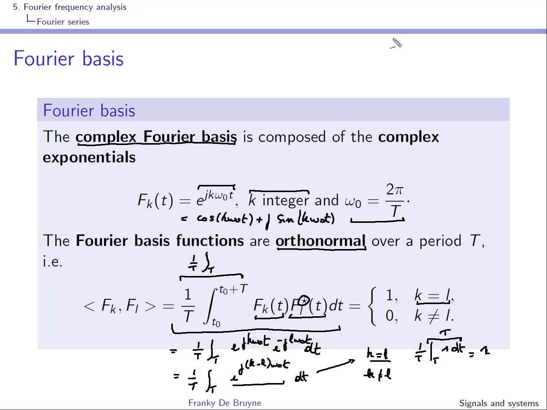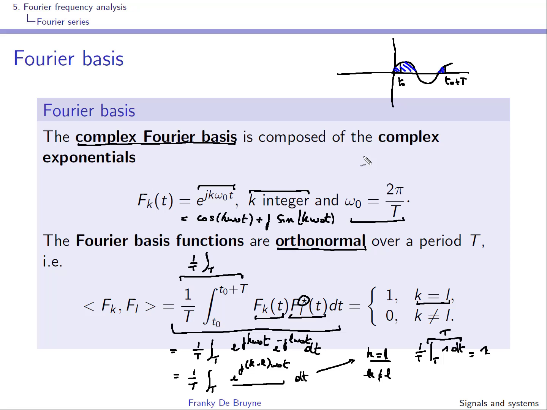And if, for instance, you have a sine over here and you integrate it over a period, let's start the period over here and let's end it over here, so this is t0 plus T. Well, you'll have a surface under the curve which will be 0.